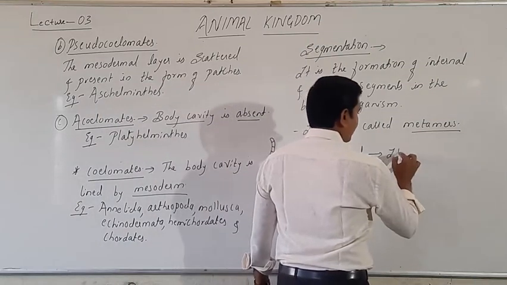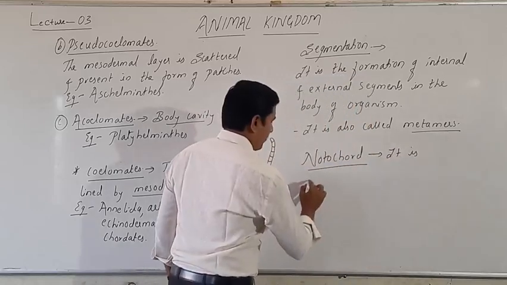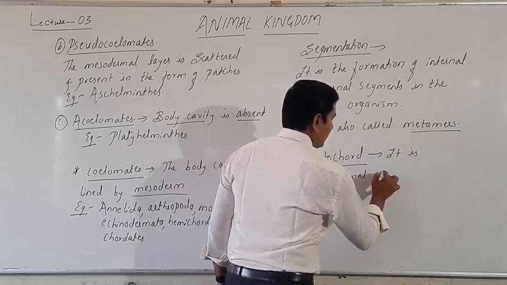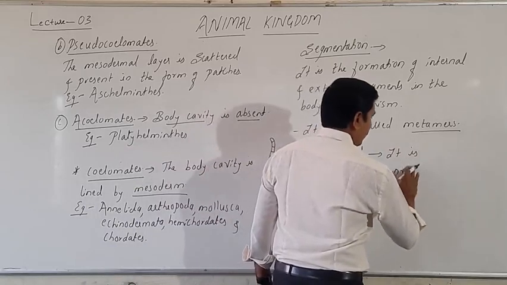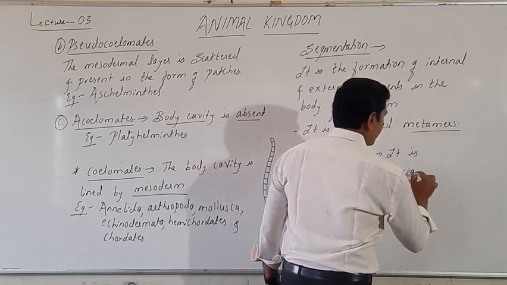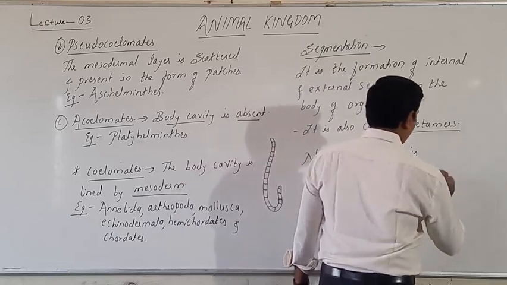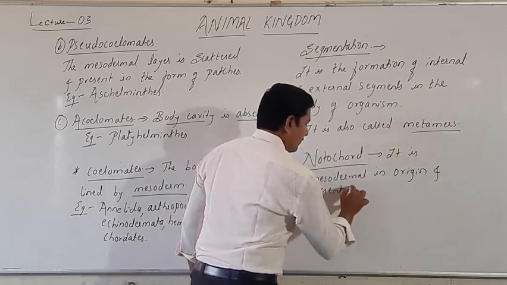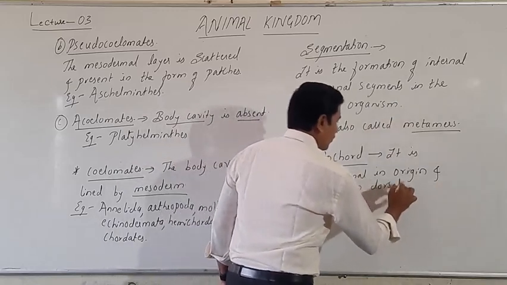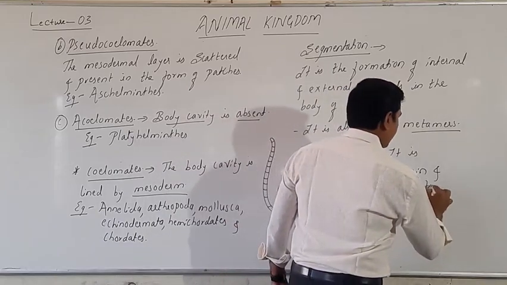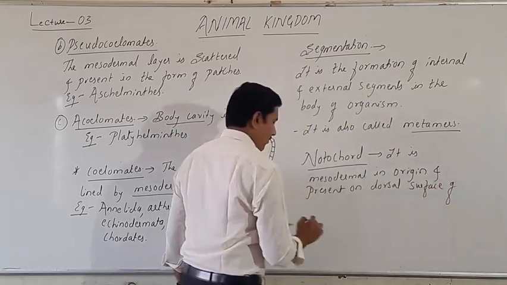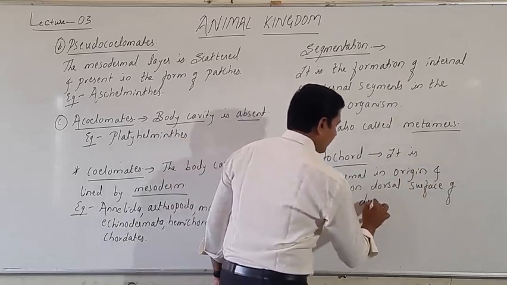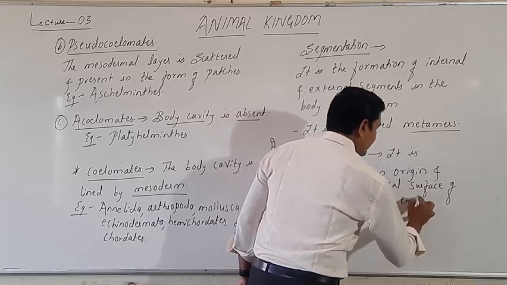Notochord is mesodermal in origin and present on the dorsal surface of animals during the embryonic stage.